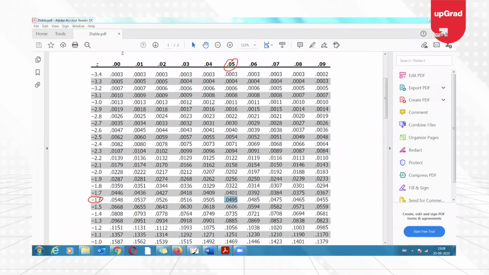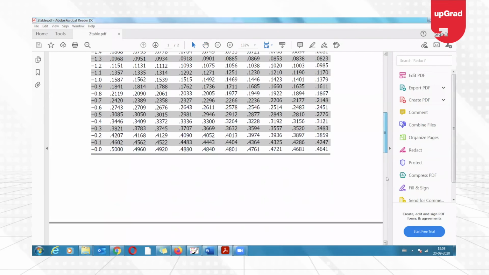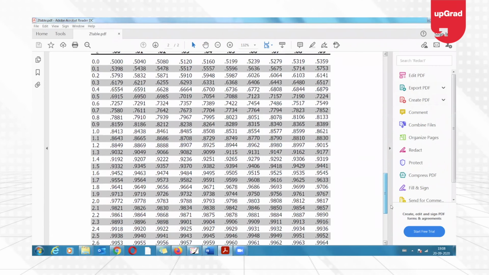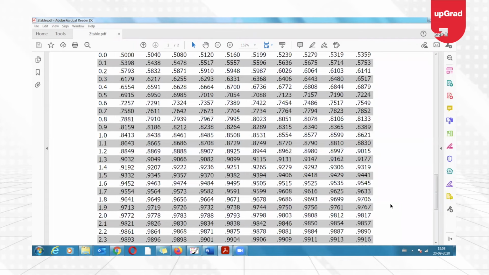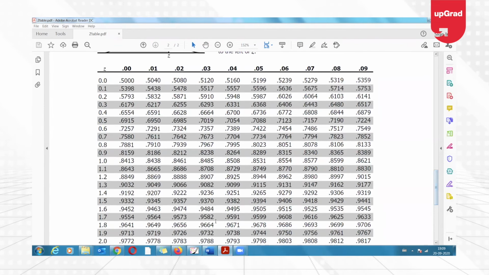This is just below 5%. So let's write down minus 1.65, and from the other side I will try to find out where exactly it is just crossing 95%. And if we see this, again 1.65.